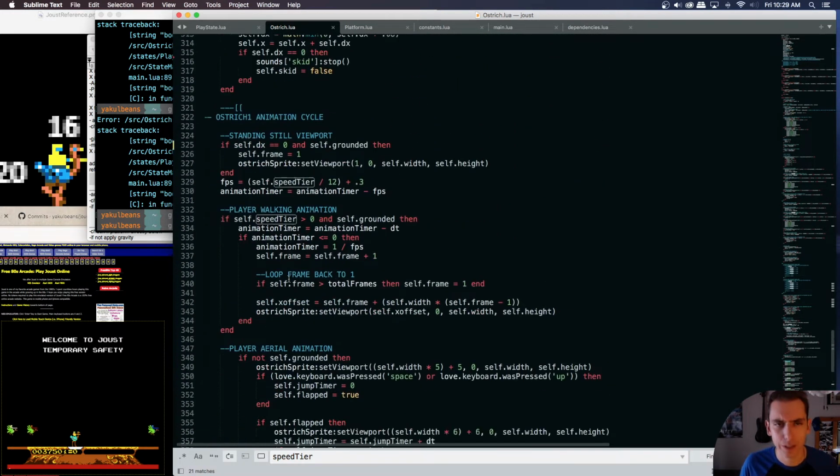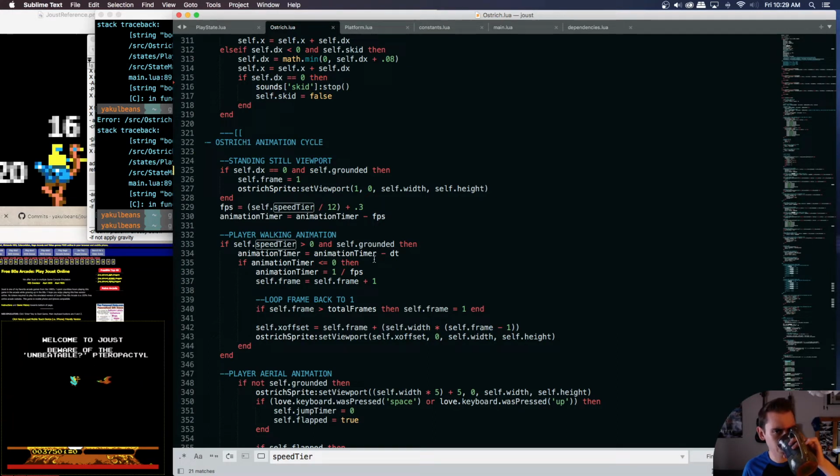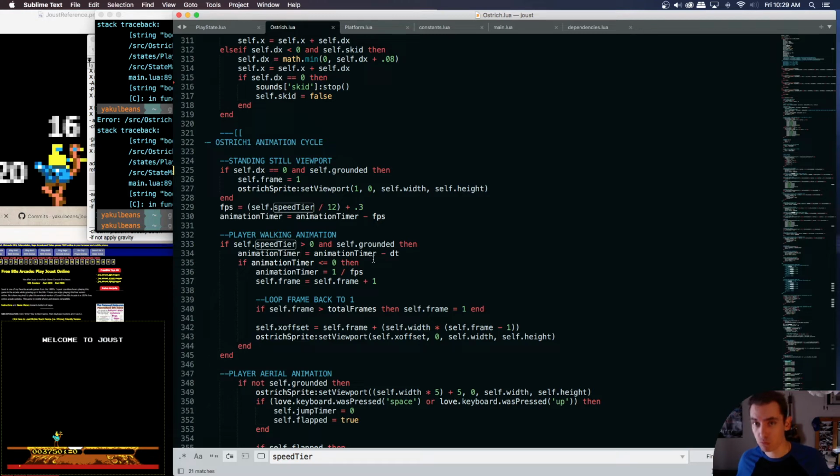That's okay. I think I'm just going to calculate what our speedTier 1 FPS would have been and what our speedTier 5 FPS would have been to give us the range. And we know, yeah.